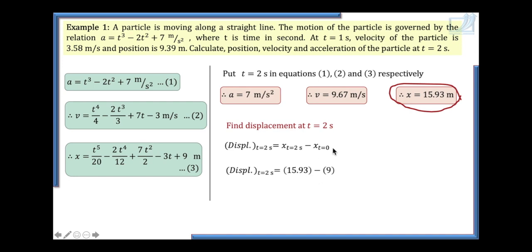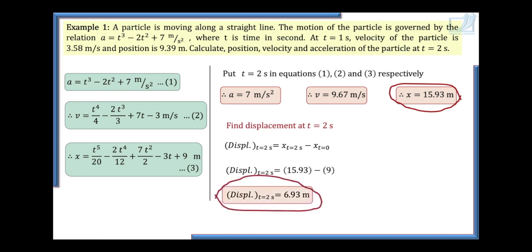And position at t equal to 0: put t equal to 0 in this equation and you will get position as 9. And that is the displacement, final position minus initial position. So try to understand, basic definition of displacement is change in position, and that is what we have used here.